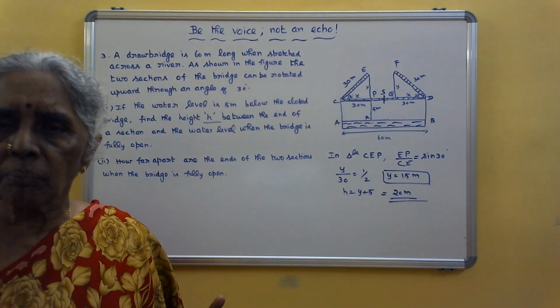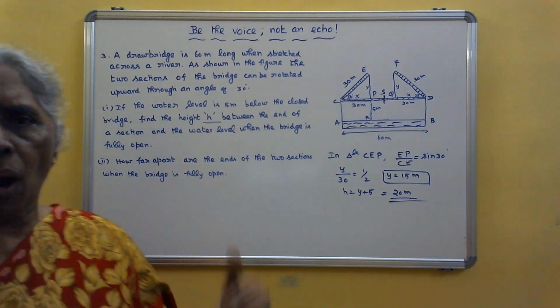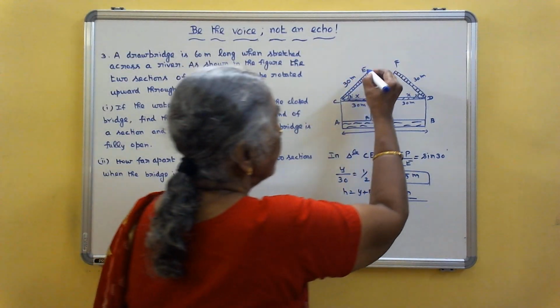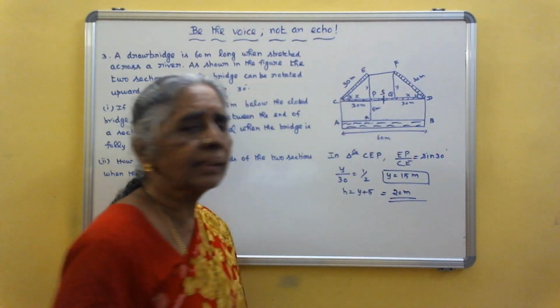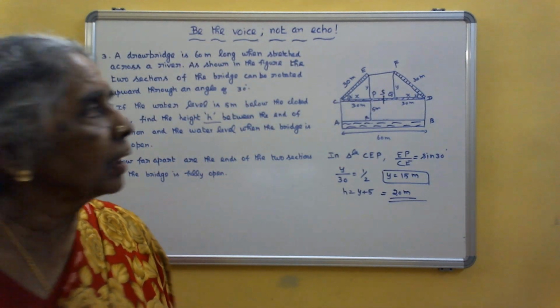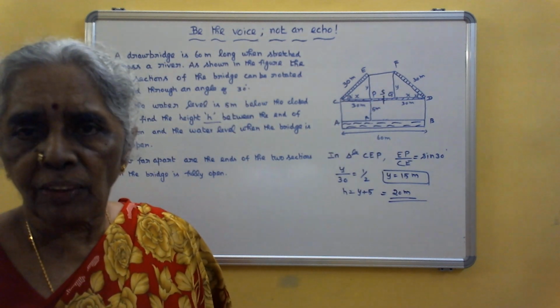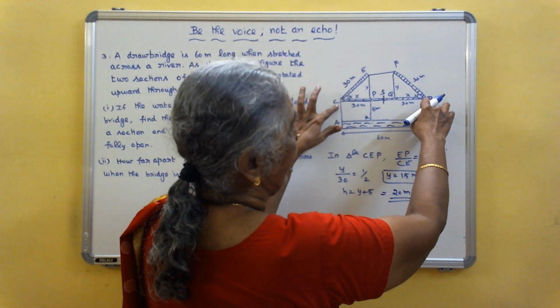Do you understand? The second one is how far apart are the ends of the two sections. This is one end, this is another end. We want this EF now. The EF will be equal to PQ, isn't it? Now you know this full length is 60.